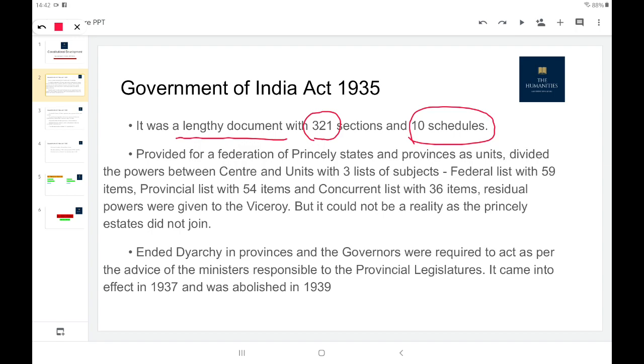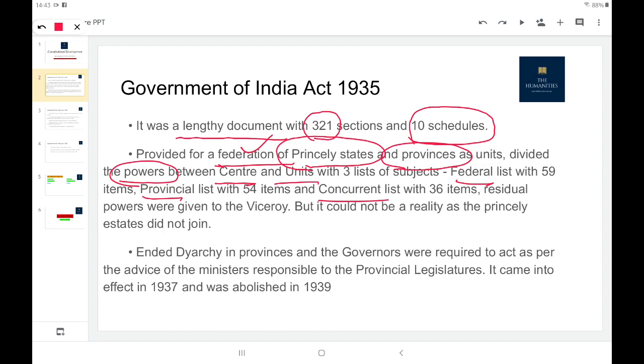So this act of 1935 provided a federation, actually a federation of princely states and the provinces, in which the princely states and the British provinces or the British areas were the units. It divided the powers on which laws could be made in the center and units. It divided all the subjects into three lists, called federal, provincial, and concurrent.